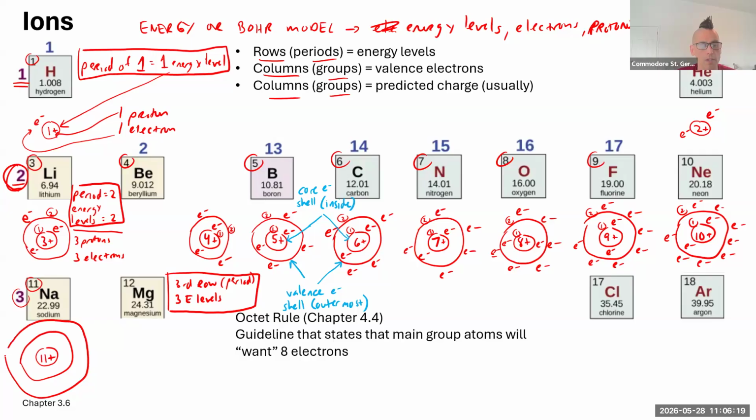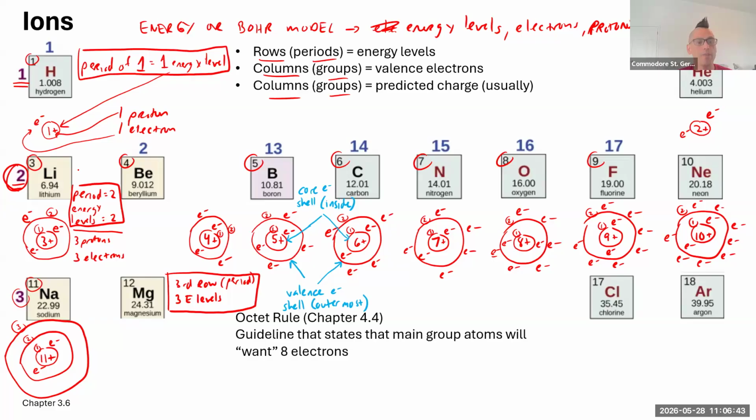All right, so let's fill up these energy levels. We have 11 electrons total. I'll mark this 1, 2, and 3. All right, 1, 2. We can only hold 2 electrons in the first energy level. Well, how many atoms are there in the first row? 2. So we can hold 2 electrons.